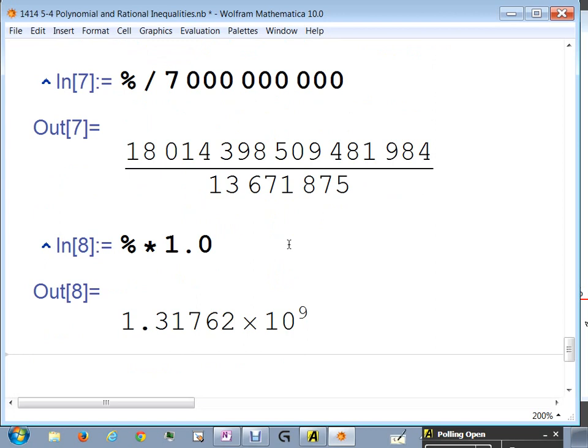Okay, so it's about 1.317 billion. So here's what this means.